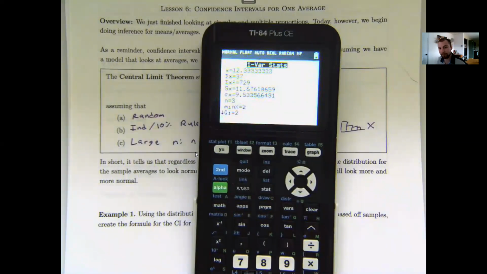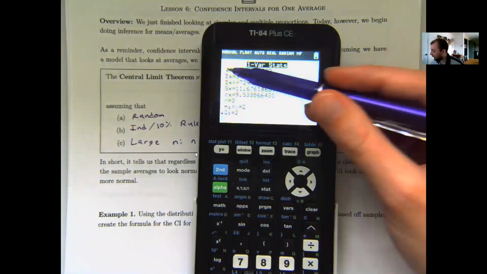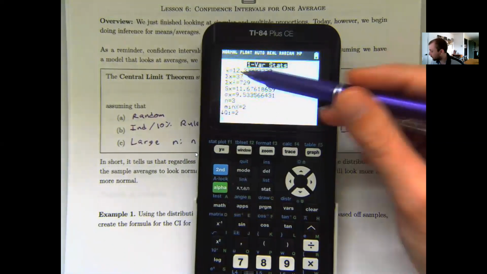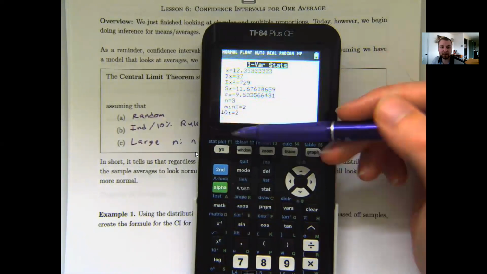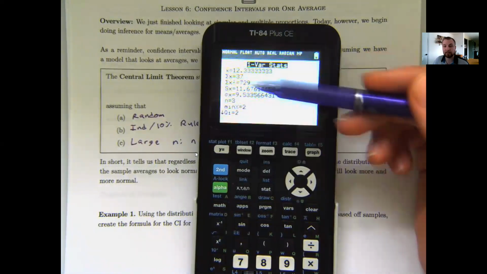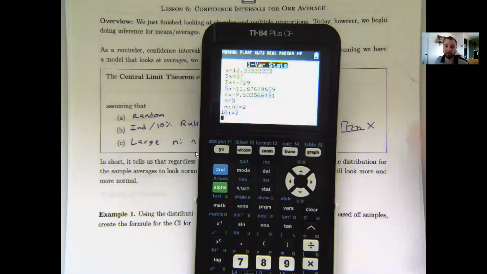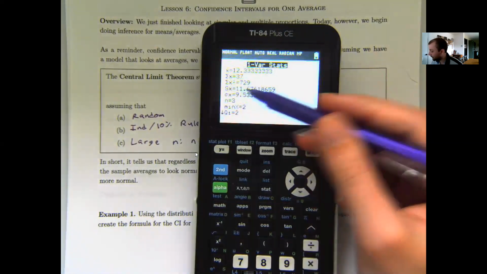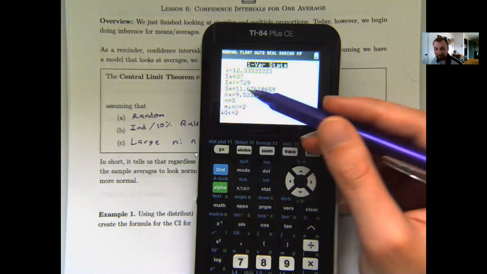I have my calculator here. It's giving me a sample average for some data that I just typed in, some random numbers, of 12.333. And you'll notice it doesn't even give me a symbol for mu. That's because X bar and mu are remarkably close to one another. It also gives me a value for S, my sample standard deviation, 11.7 or so.